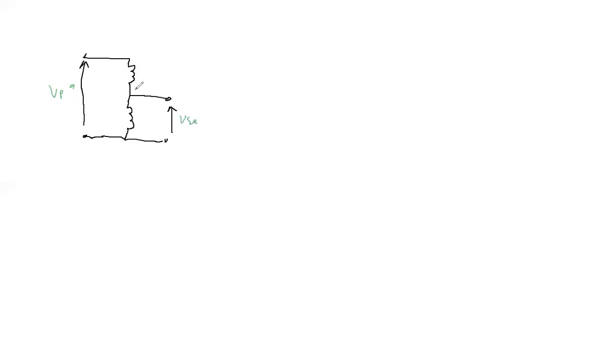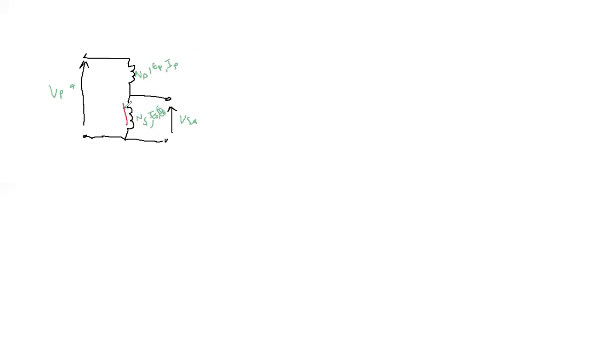Now let me choose to change things a bit. So remember, you choose which one you want to connect here. If I connect the secondary here, then here I'm going to connect the primary. So here I have EP. I also have P there. Here I have ES. I also have IS there flowing here. And I already gave you the directions of this current.